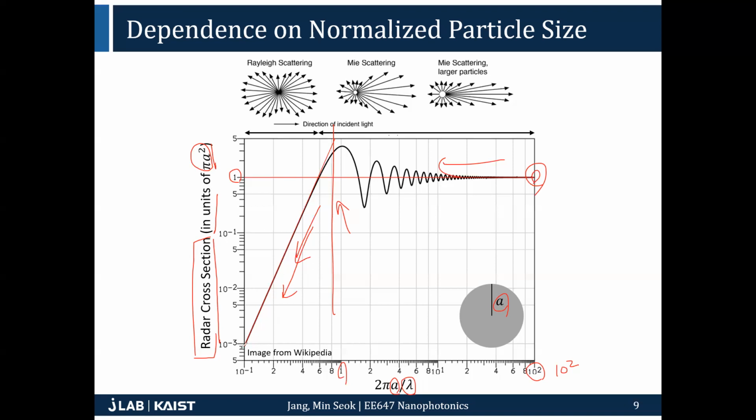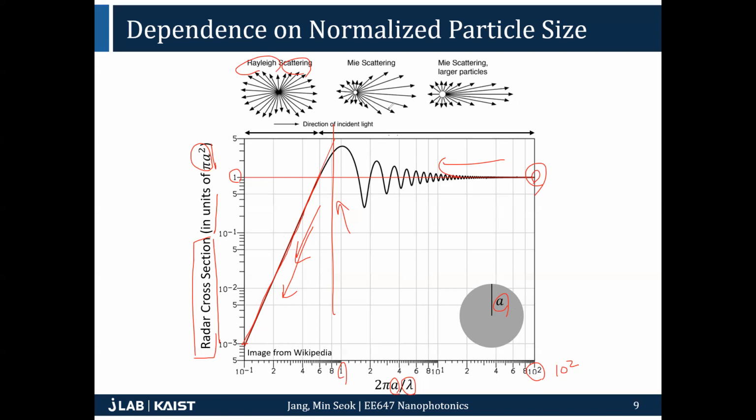And so its scattering cross-section is much smaller than its physical cross-section. So that's one distinct difference from the large particle limit. And this range is called Rayleigh scattering.